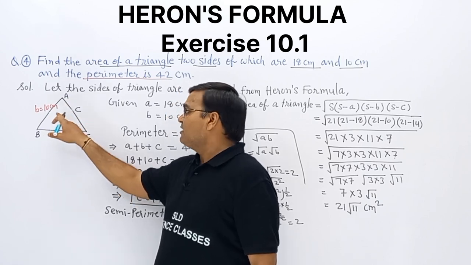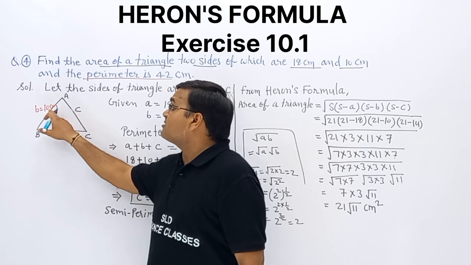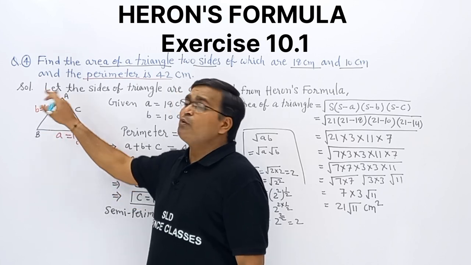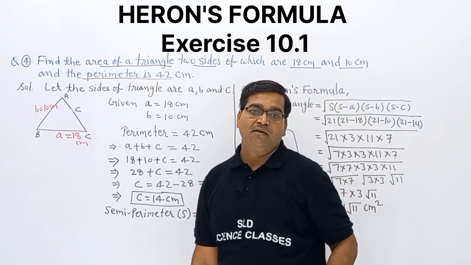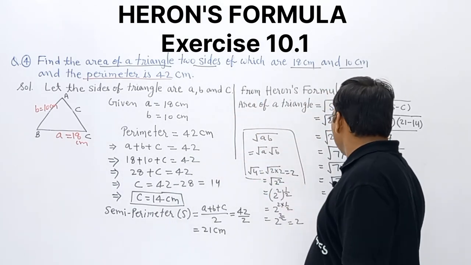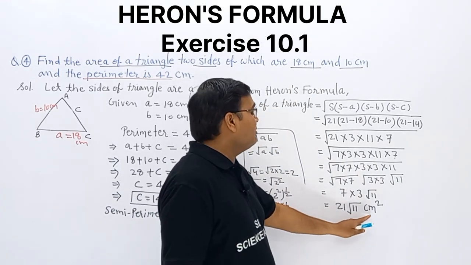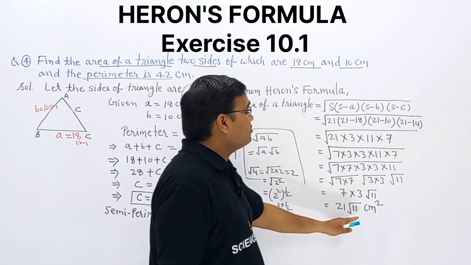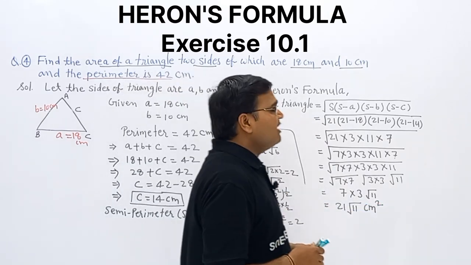Clear? So its unit will be centimeter. We are having sides in centimeter, so the unit of area will be centimeter square. So this is the way to find the area of a triangle.